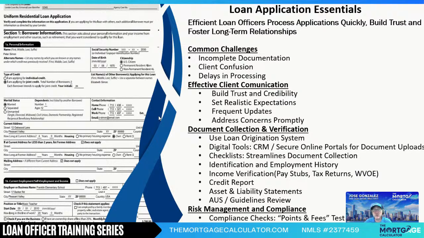So just make sure that you provide frequent updates to the customer so that they're aware of exactly where the loan is and they don't get caught off guard all of a sudden when you tell them 5 days before closing that they have to come up with an extra $20,000 or $30,000, and now they're running around like a chicken without a head, seeing where they're going to get that extra money, or else they're going to lose $50,000 that they put on deposit for the contract.